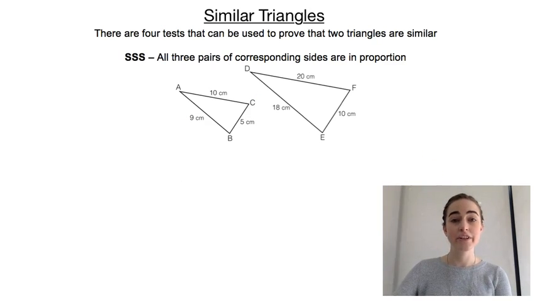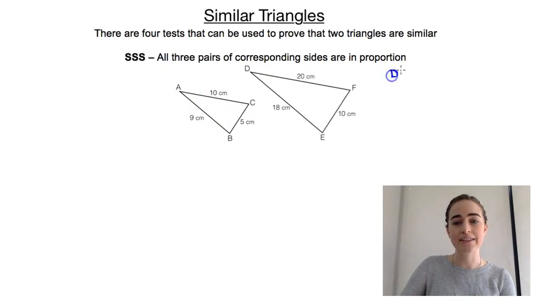If we look specifically at triangles now, we've got 4 tests to prove that two triangles are similar. The first one is called the SSS test, or side, side, side, and it says that all 3 pairs of corresponding sides are in proportion. So if we match up our sides here, we can see that DE matches AB.